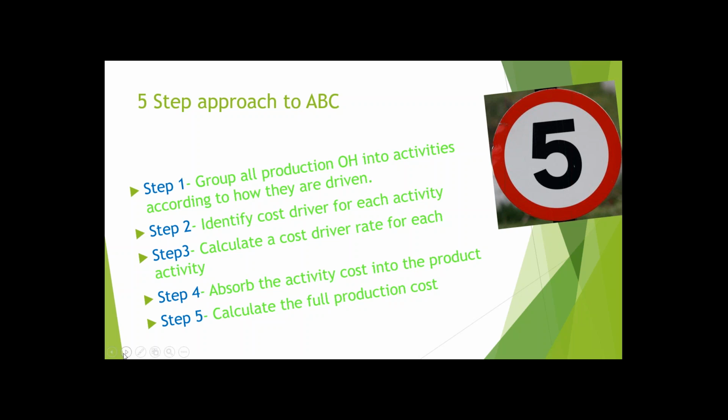So each activity may be costing 100,000, and you have 10,000 orders. So per order, the cost is 10. For example, customer complaints: 100,000 is the total cost for the customer complaint unit, and there are 10,000 complaints. So each customer complaint costs $10.